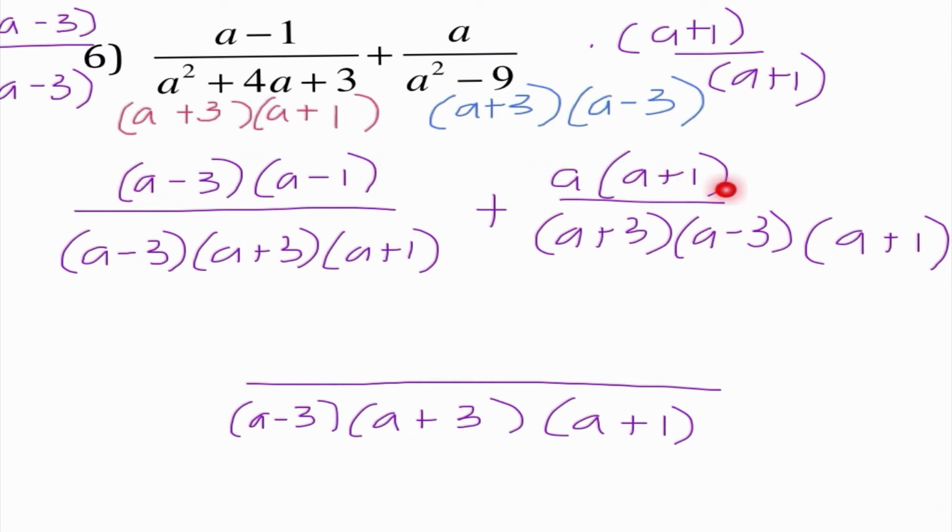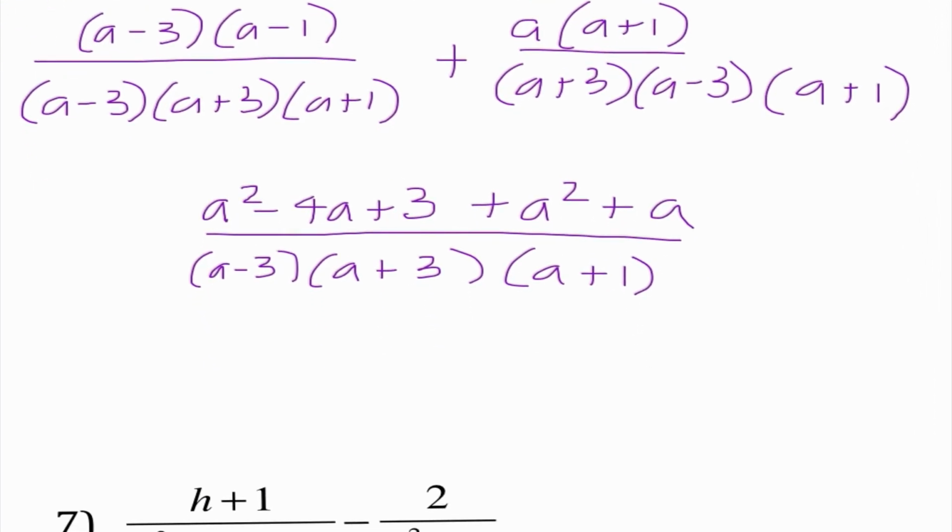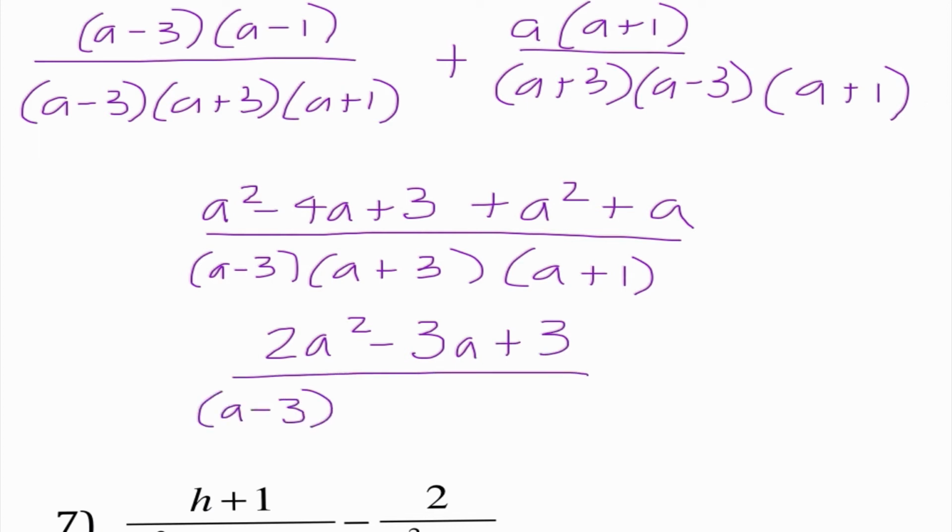So when I FOIL, I get a squared minus 4a plus 3, plus, when I distribute a to a plus 1, I get a squared plus a. So now we need to go ahead and combine our like terms. So I get 2a squared minus 3a plus 3 over (a minus 3) times (a plus 3) times (a plus 1).